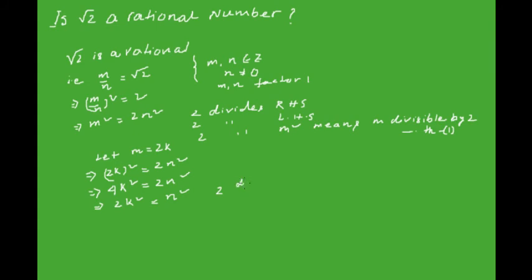Here we can see that the left hand side 2k square is divisible by 2. So will be the right hand side, meaning n square will be divisible by 2. As n square is divisible by 2, as per theorem 1, n will also be divisible by 2.